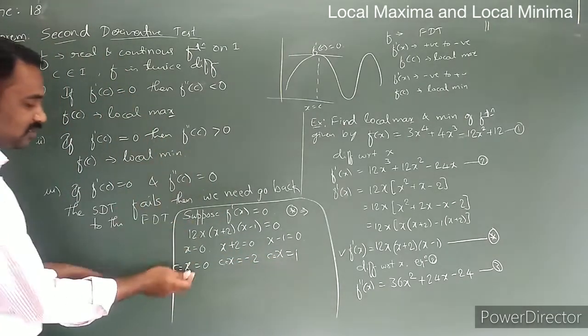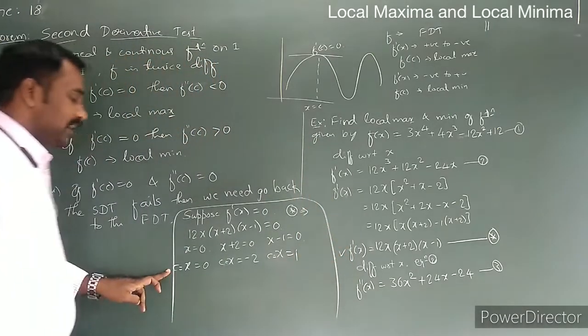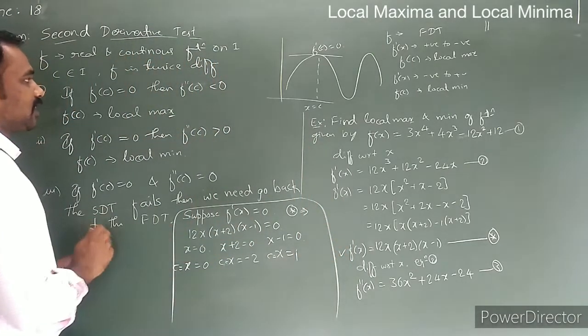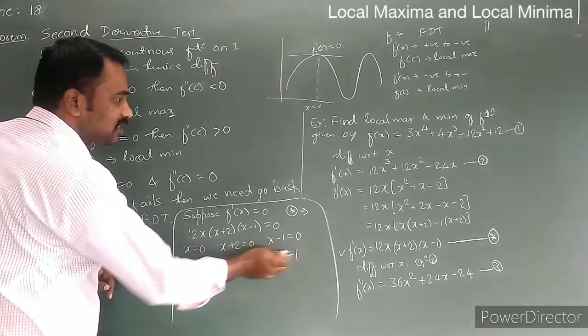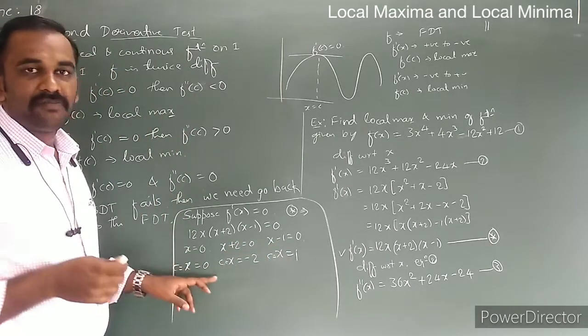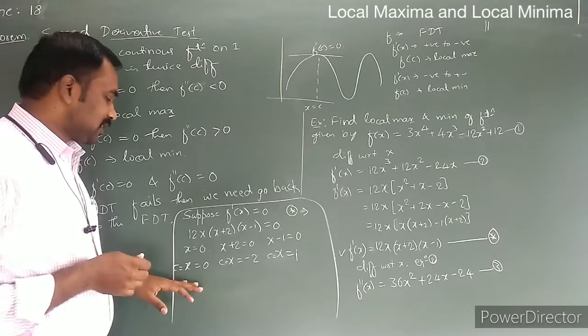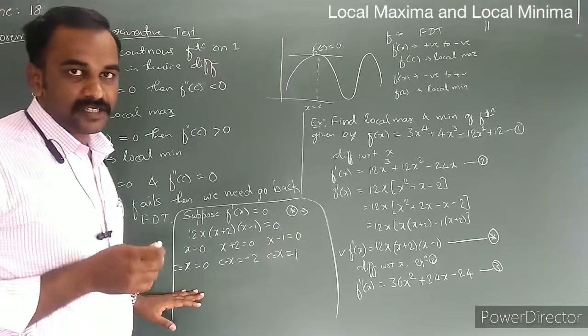F dash of c is 0, so at these points f dash of x is 0. Now, at these 3 critical points, what about the sign of the f double dash of c, whether it is a positive or negative value? Let's have a look.